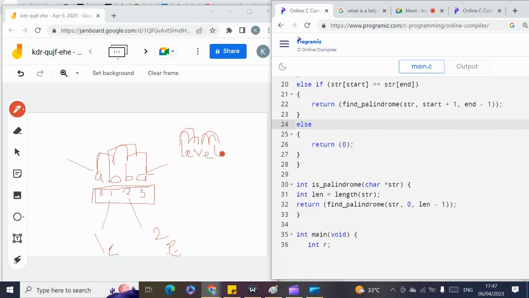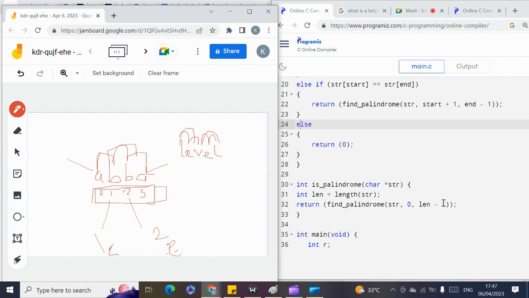Every string has the null byte, so we are taking away that null byte. That's why we have n minus one.